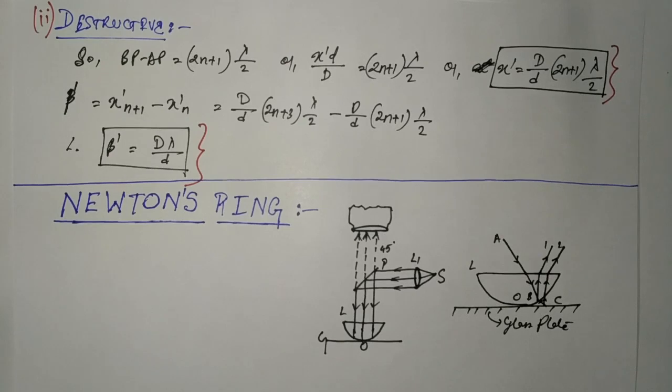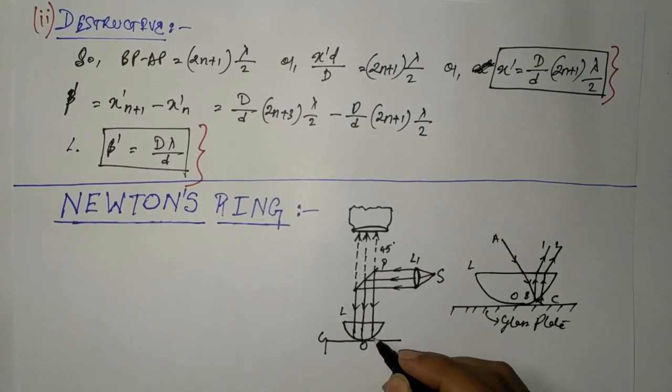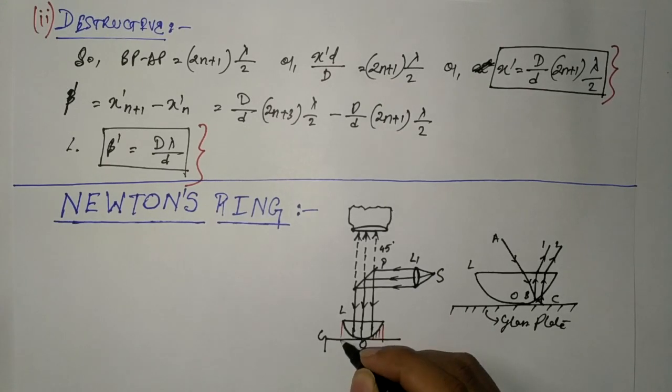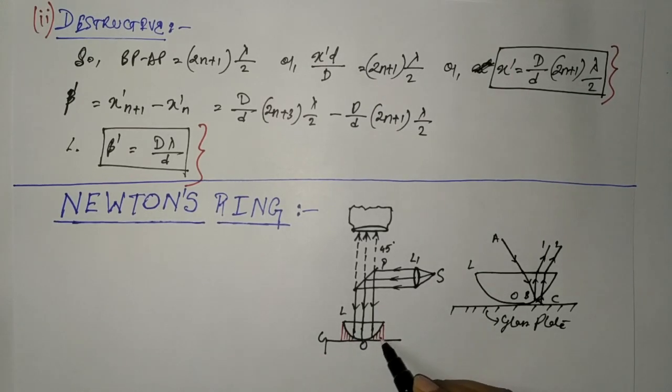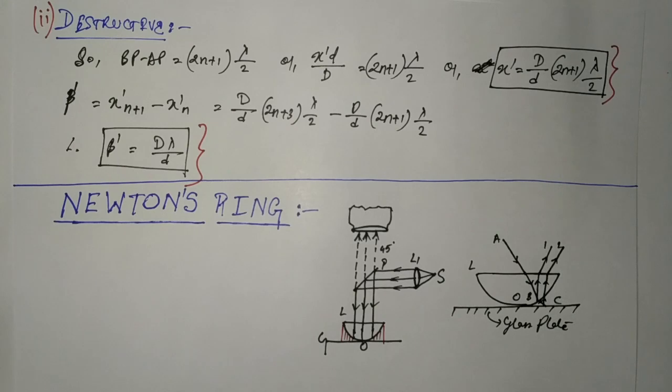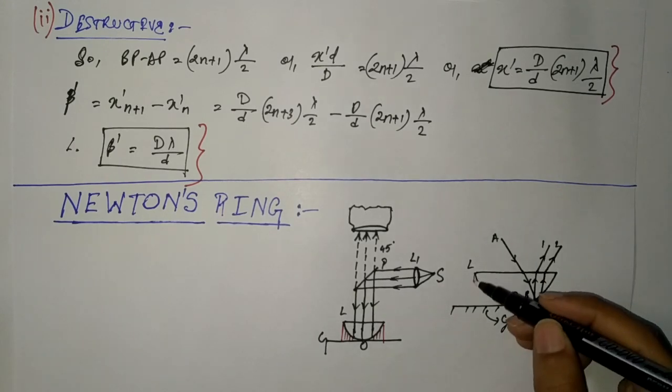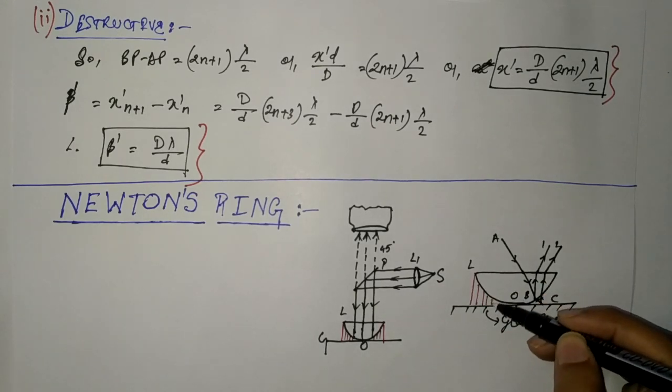That is, what I am saying is this portion. We have air trapped in between the lower surface of the lens and the upper surface of the glass plate. Similarly, this is also this region, you can say.